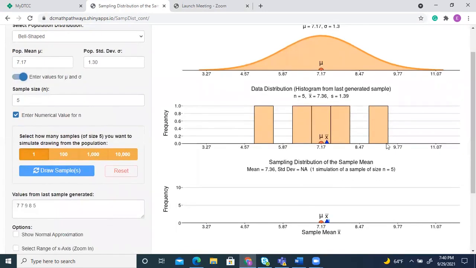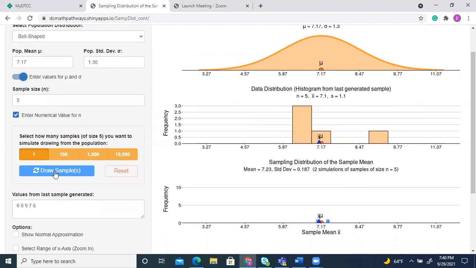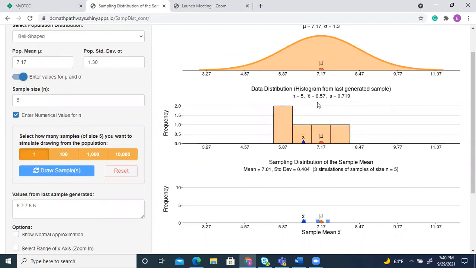According to what we have, here we have a sample of size 5, and X bar for this sample is 7.36, and the standard deviation is 1.39. And every time you have a different sample, you will have a different X bar and a different S. Do that again, different X bar, different S. And as you see, X bar will be close to mu.